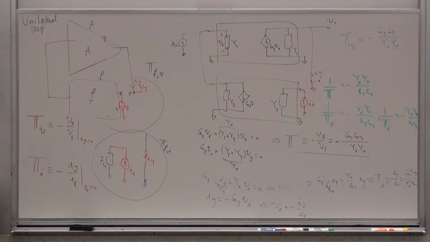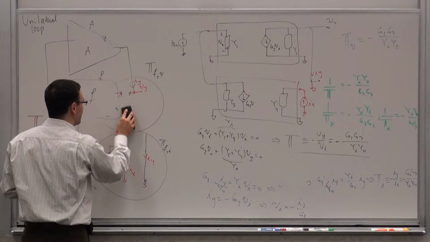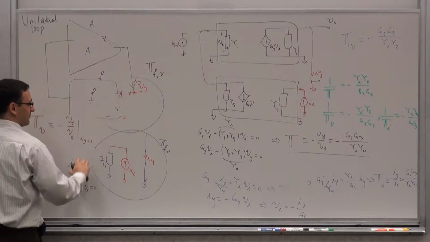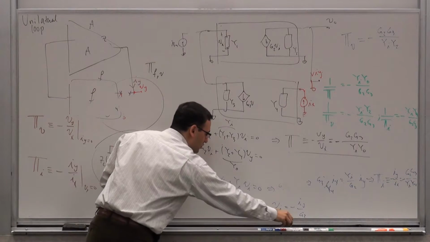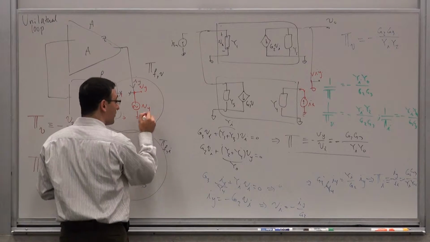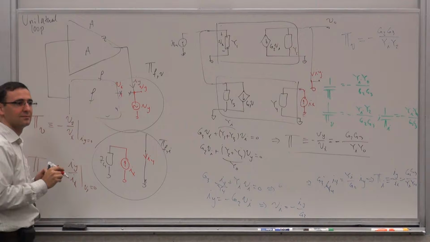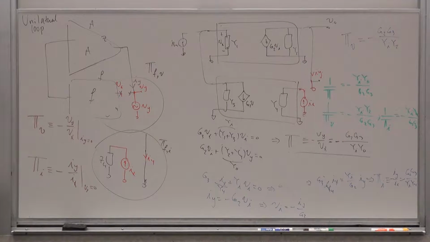But now, unlike before, if I apply a test voltage to this end, let's say I put a voltage source here, let's call it Vy, and measure Vx, Vx would be non-zero in general if I have a bilateral loop, right?